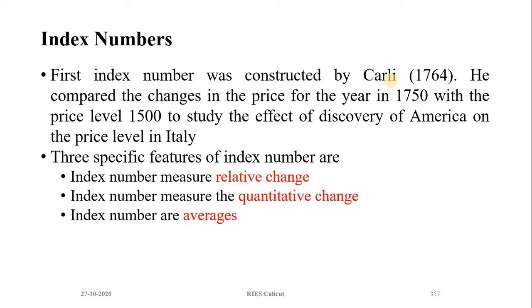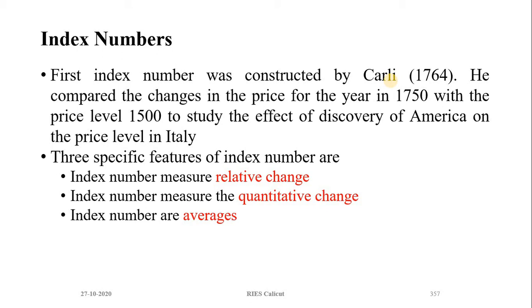The first index number was constructed by Carli in 1764. He compared the changes in the price level for the year 1750 with the price level of 1500, in order to study the effect of the discovery of America on the price level of Italy.